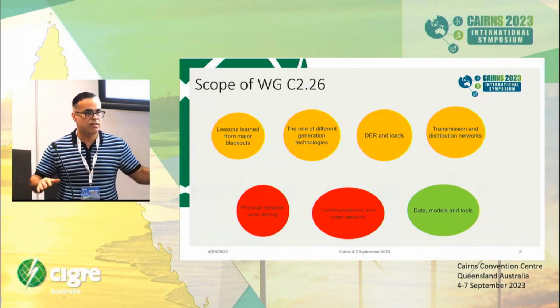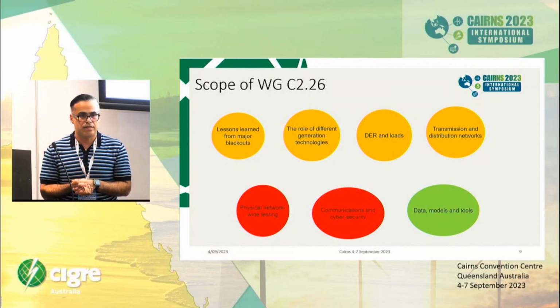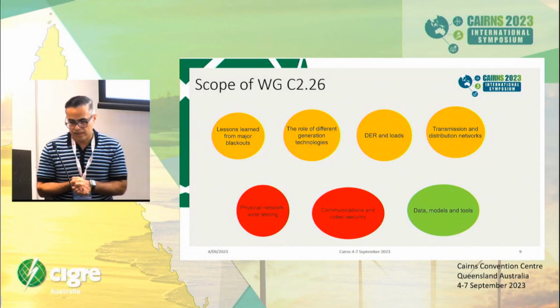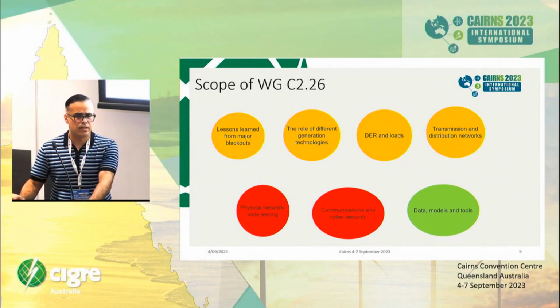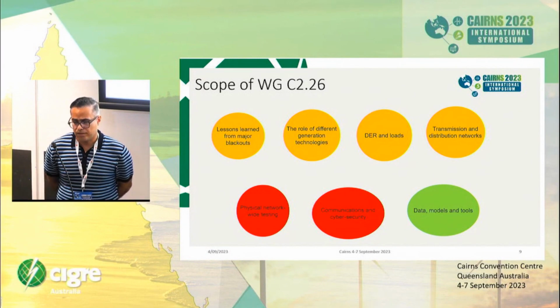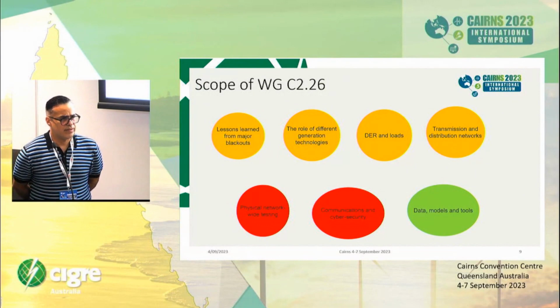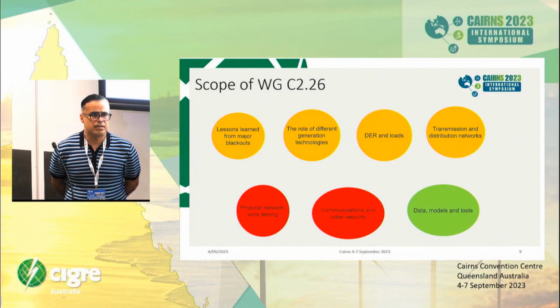Okay, so now let's go and have a few slides on the technical brochure, and then I will hand over to my team members to present different aspects. We discussed the drivers for developing and establishing this working group and publishing the technical brochure, which was made available a couple of weeks ago. These are the points that we have discussed in different chapters in the technical brochure. One of the points is the lessons learned from other blackouts.